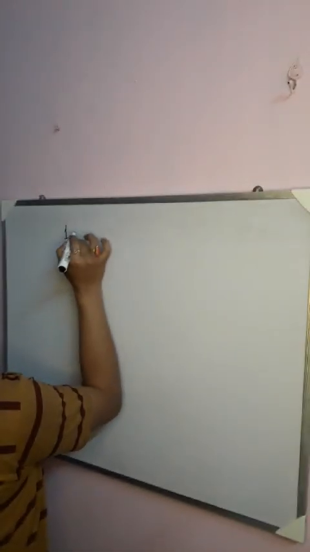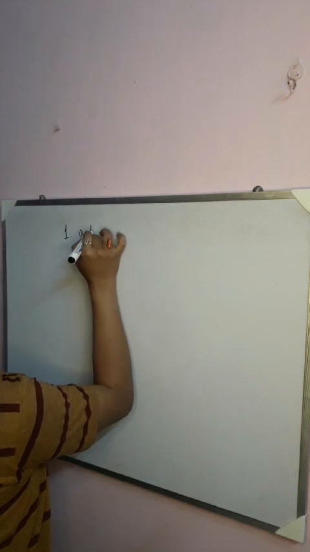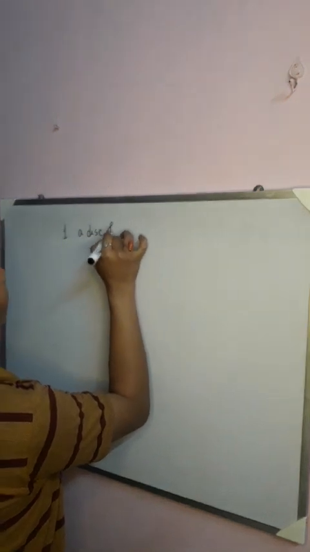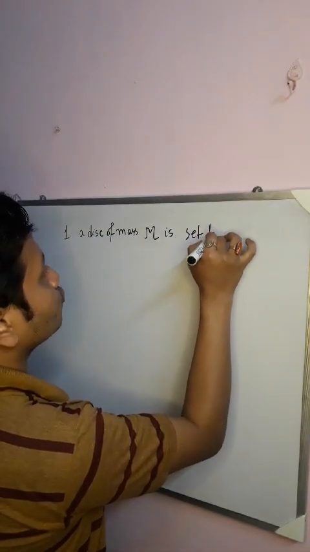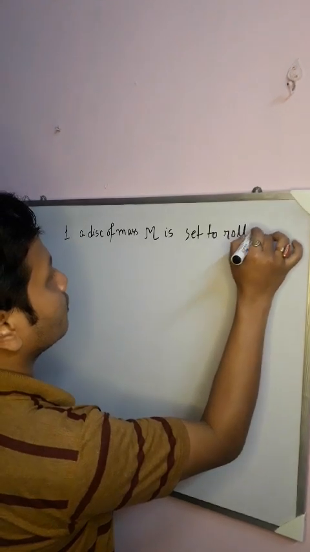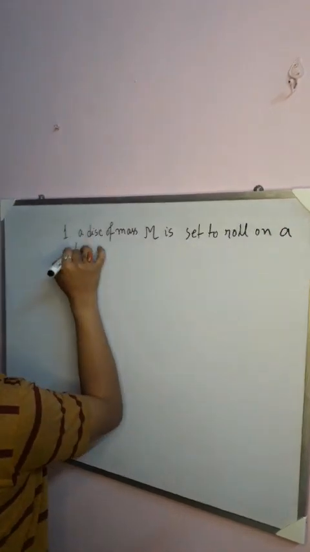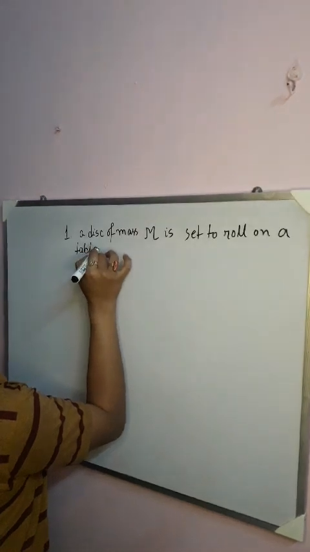Now the first numerical is that a disk of mass m is said to roll on a table.